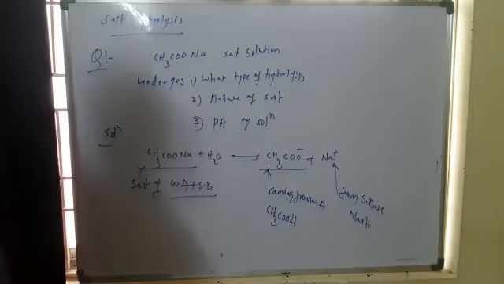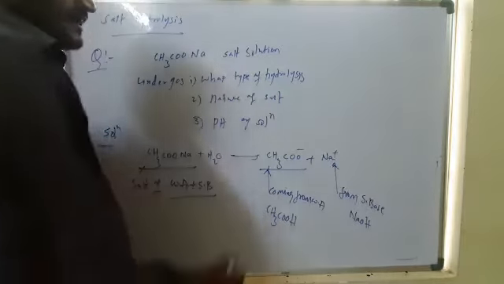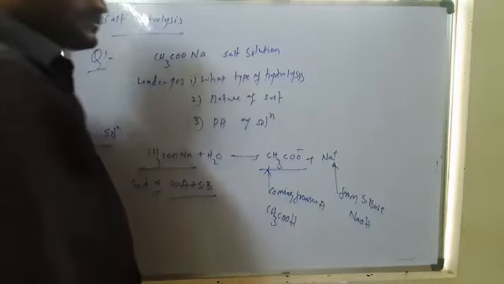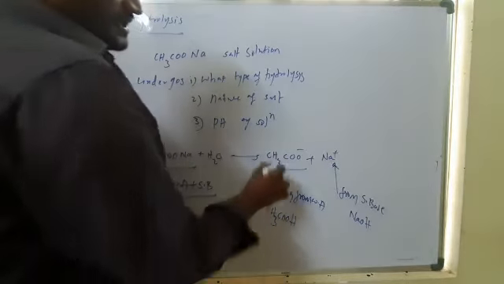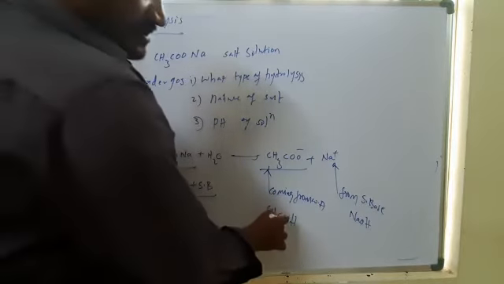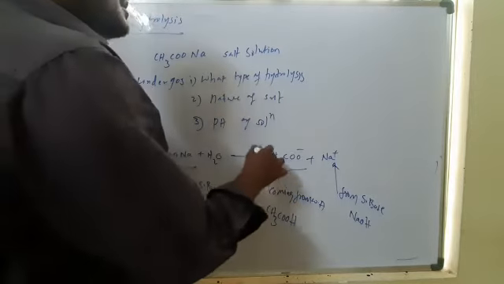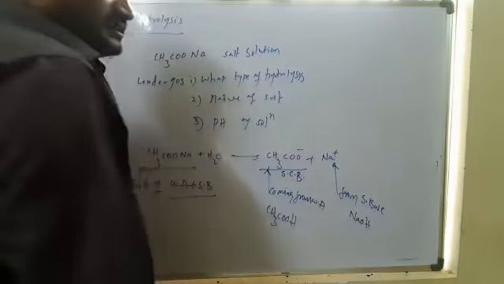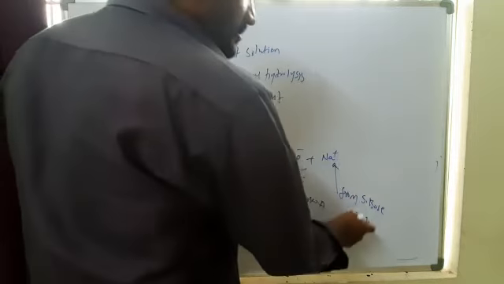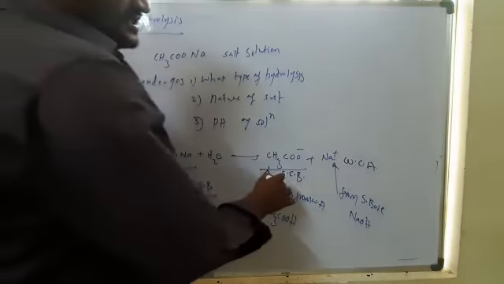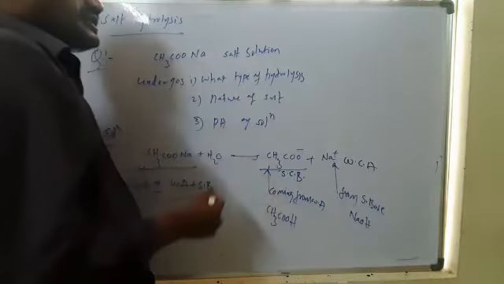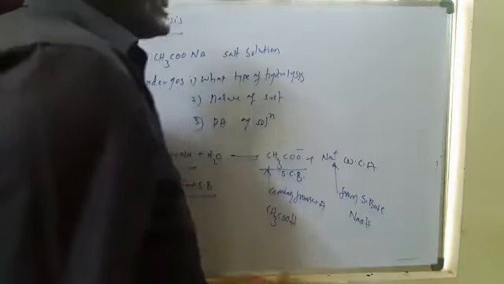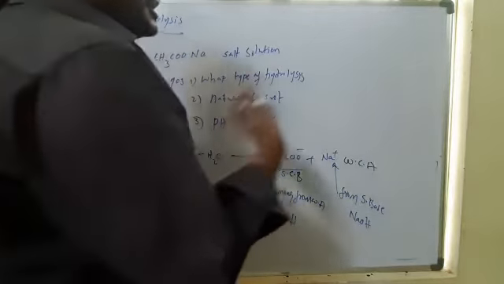The acetate ion comes from a weak acid, so it is a strong conjugate base. Na plus comes from a strong base, so it is a weak conjugate acid. Whichever is strong is more reactive, whether a strong conjugate base or strong conjugate acid.